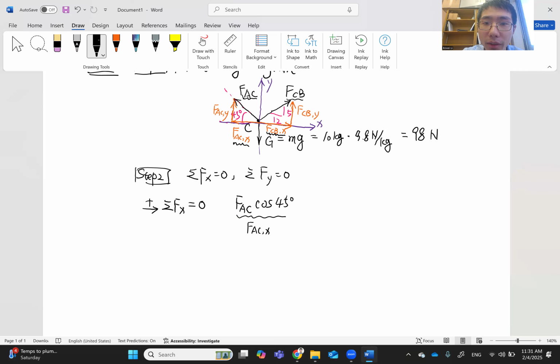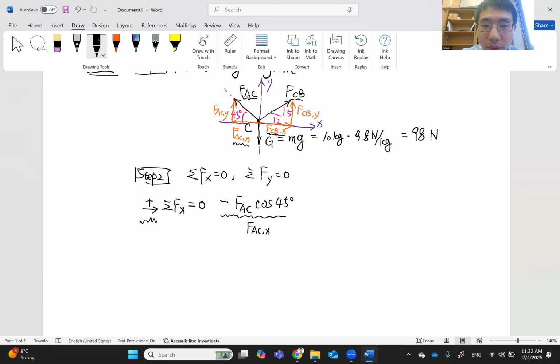What in addition do we need to include here? Please don't forget the sign. Do you think FACX is positive or negative here? Since it is going towards the left, but we assumed that the right direction is positive, it is negative here. This is very important. So this is our FACX.